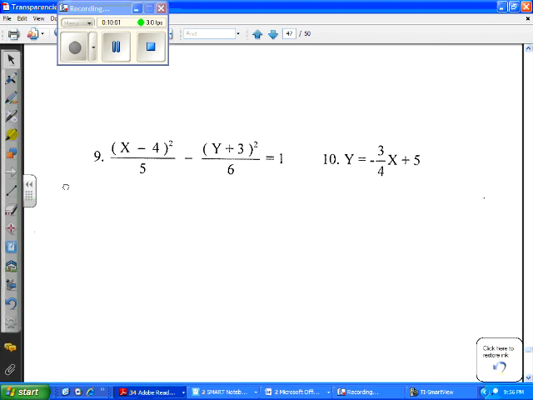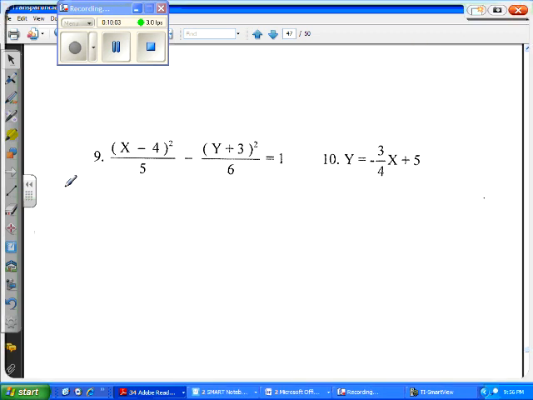All right, number 9. That with a plus would be a circle, with something down here. We've got some stretching going on, and so that would turn it into an ellipse. But then there's a minus on the y, so our ellipse blew up and turned into a hyperbola.